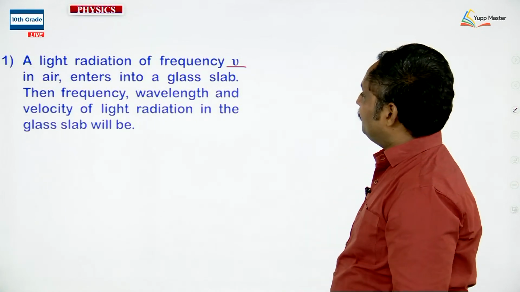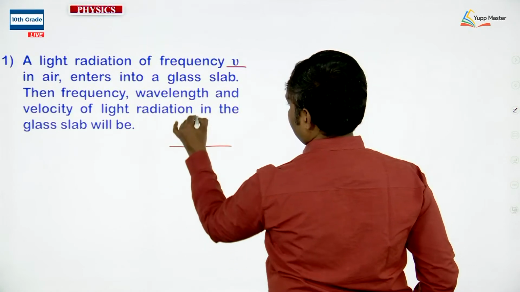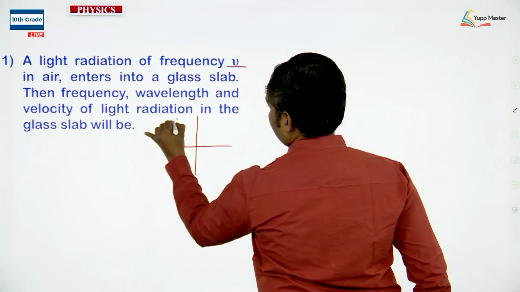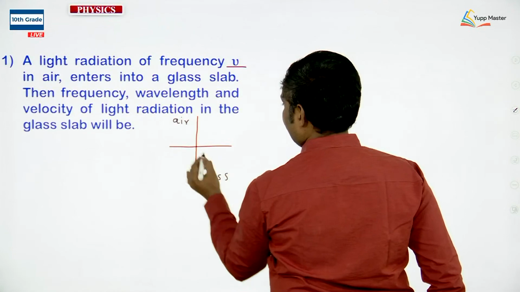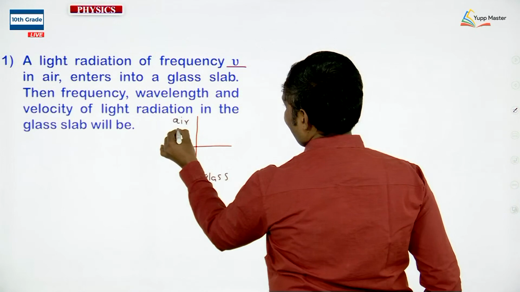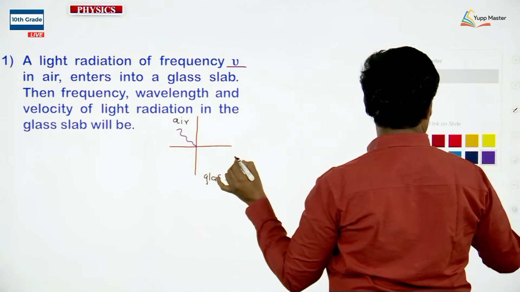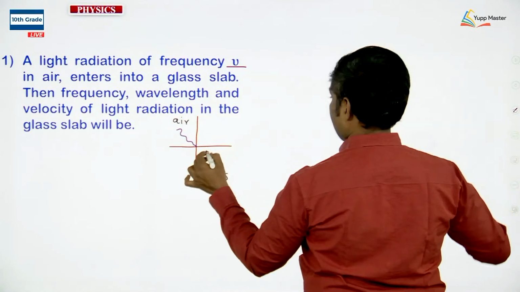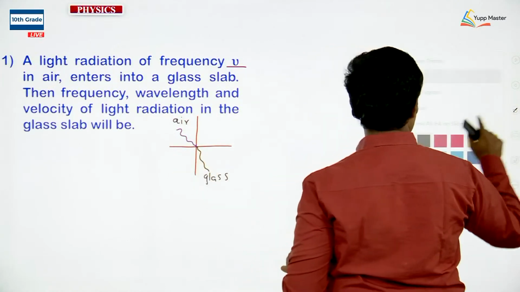Now, light enters from one medium to another medium, no doubt at all. This is considered the air medium, this is the glass medium. So we can take that light is going to enter, and it has been refracted.